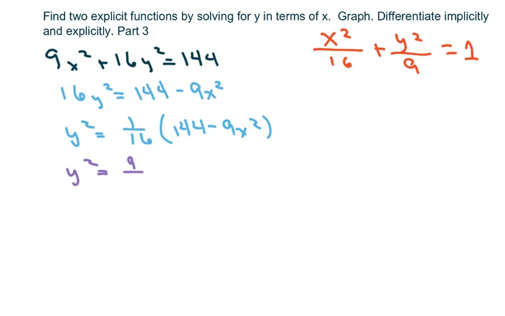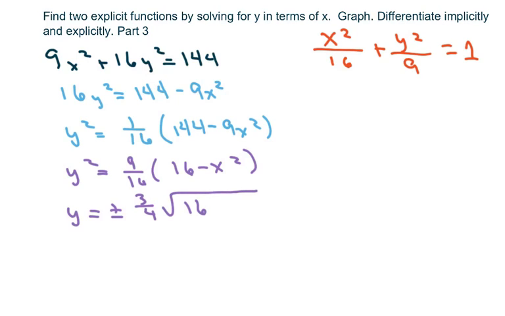So this would be 9 over 16 times 16 minus x squared. And then I take the square root of both sides. You take the square root of, it's going to be plus and minus. Square root of 9 over 16 is 3/4. And then I'll have the square root of 16 minus x squared. So that's your two functions.